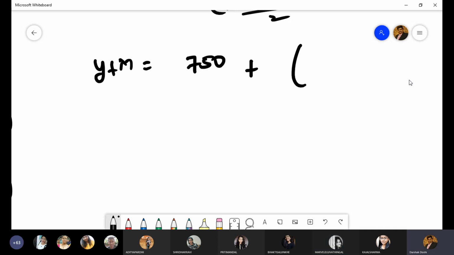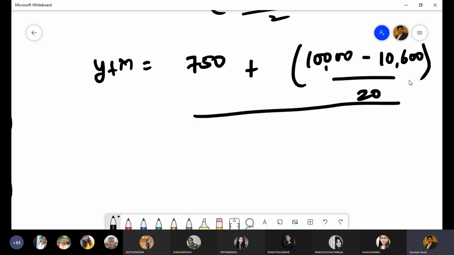Plus maturity value 10,000, nothing is given in the question, minus purchase price 10,600. It is currently available in market as 10,600. So current market price is 10,600. To find out YTM, you want purchase price. No other price is available, so we take current market price as purchase price. The whole divided by 20.